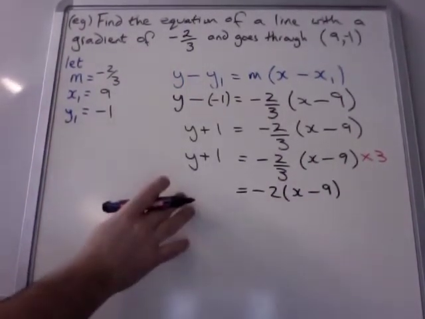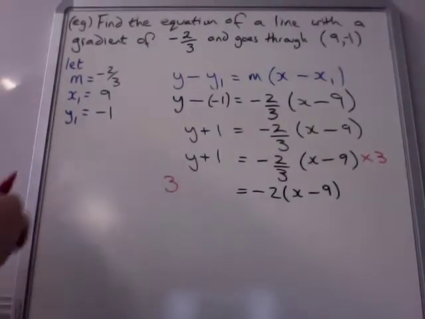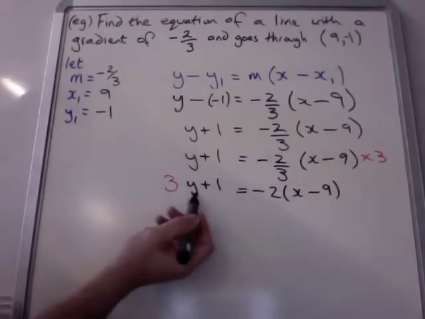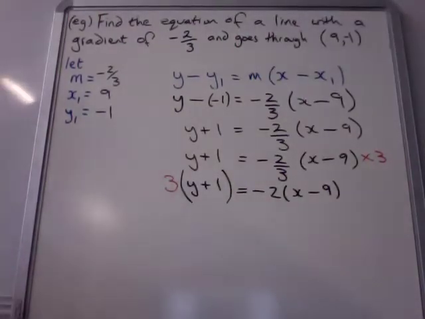Okay, what happens on this side? Well, we need to times by 3. Now if I just write 3 here and then y plus 1, this looks like the 3 is only multiplying the y, so you must put them in parentheses or brackets. Okay, now it's just a case of doing all the algebra skills that you've already got.